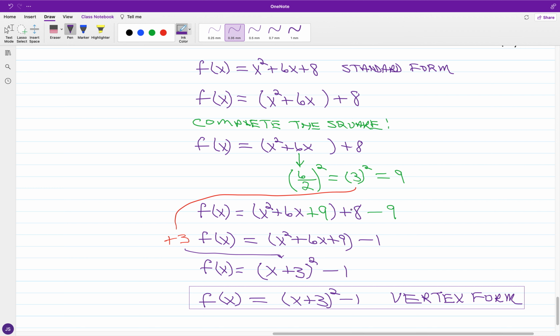If I did not take away the 9, I would have x squared plus 6x plus 9 plus 8, which would be 17. But I want to get it back down to x squared plus 6x plus 8. So to undo the surplus created at the front, I'm going to take away the same amount. So I'm back to x squared plus 6x plus 8.